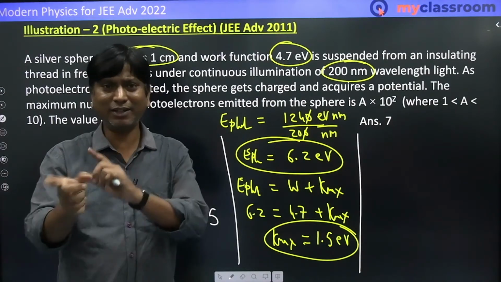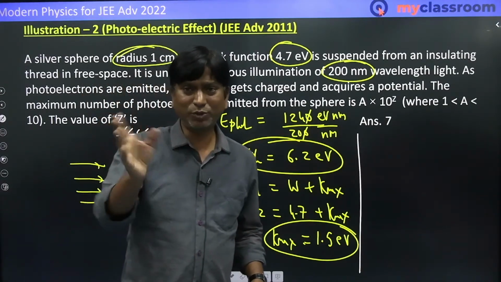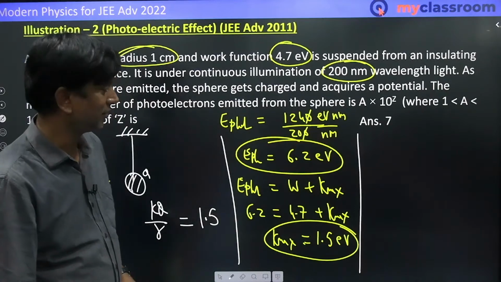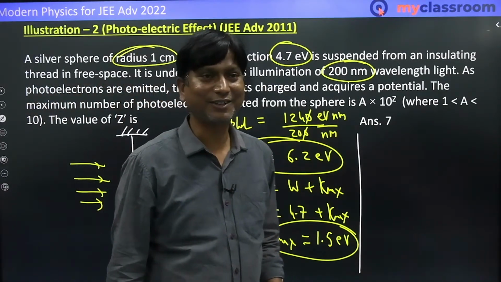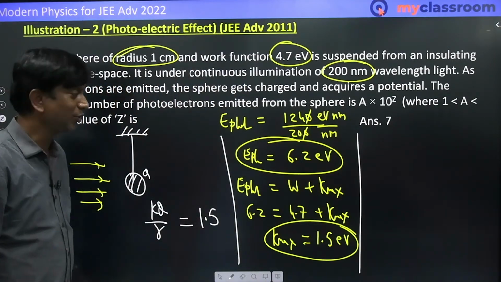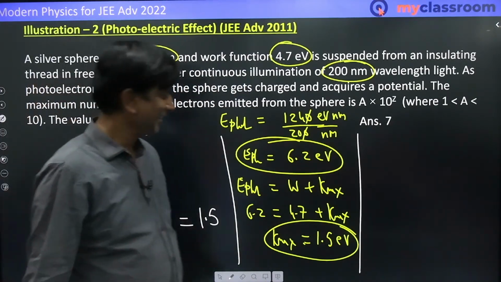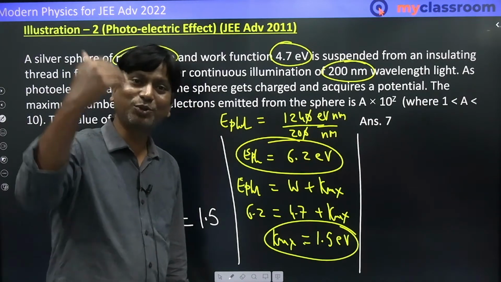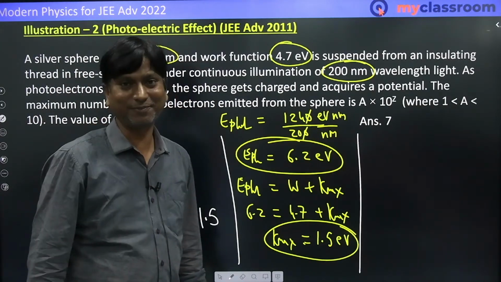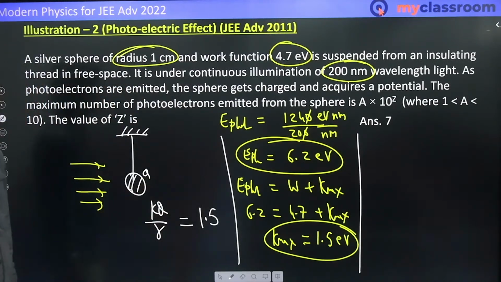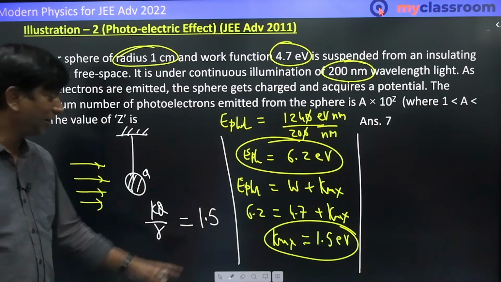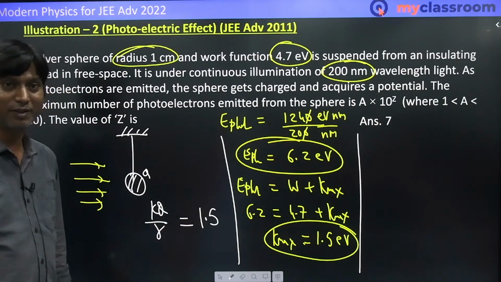Only the sign, positive or negative, will vary. Whether to accelerate or decelerate, you need a potential difference of 1.5 volts. So to decelerate the kinetic energy from 1.5 electron volts to 0, you need a stopping potential of 1.5 volts, and that potential is nothing but the potential of the sphere, 1.5 volts.